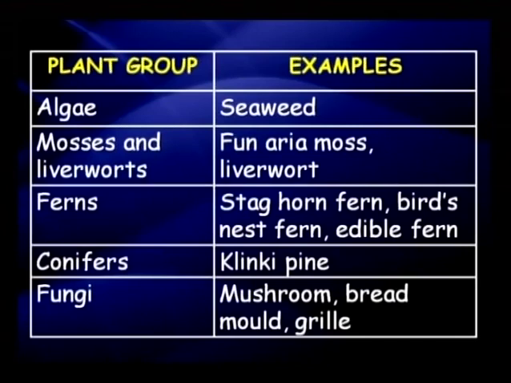The third plant group of non-flowering plants we have is ferns. And you have the examples there. Staghorn fern, bird's nest fern, and edible fern. Edible meaning that something that you can eat. Very good.